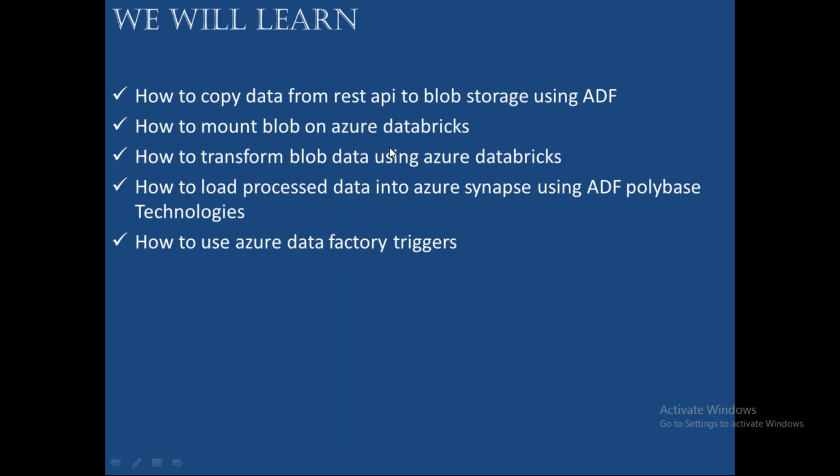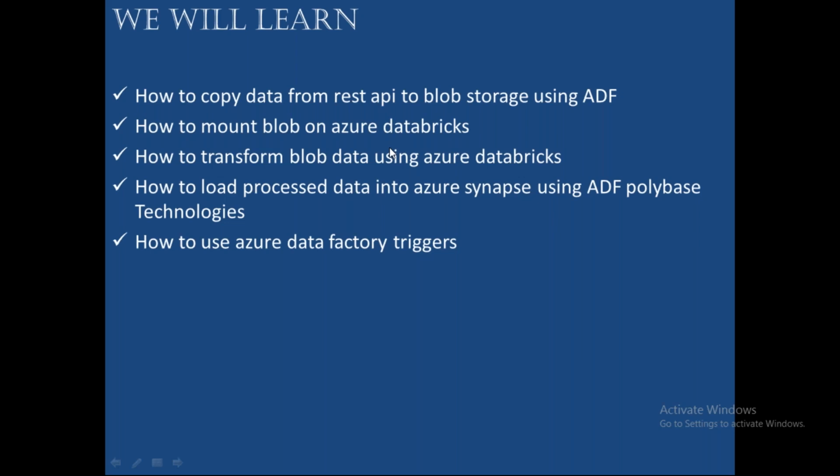Next, how to use Azure Data Factory triggers. Triggers we already have; even yesterday we had a deep dive on event triggers. We learned completely how, when you get a 0-byte file, you can stop your pipeline from running, and when you get a file which has some data, how you can pick this file immediately based on events and process it.